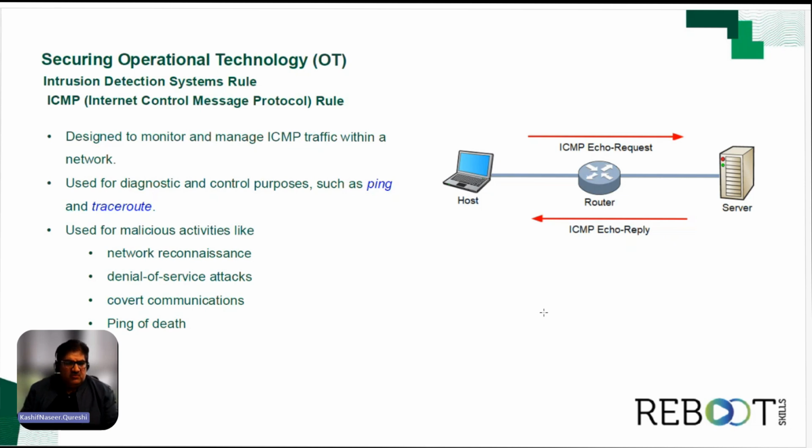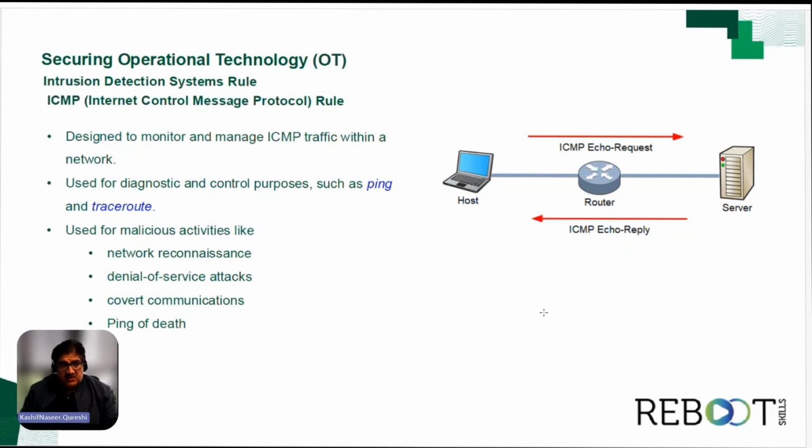We use this protocol for diagnostic and control purposes, and it is also very useful for monitoring and managing traffic. ICMP traffic is important for diagnostic and control purposes. It is specially designed to monitor and manage traffic within a network, and commonly used for network diagnostics.